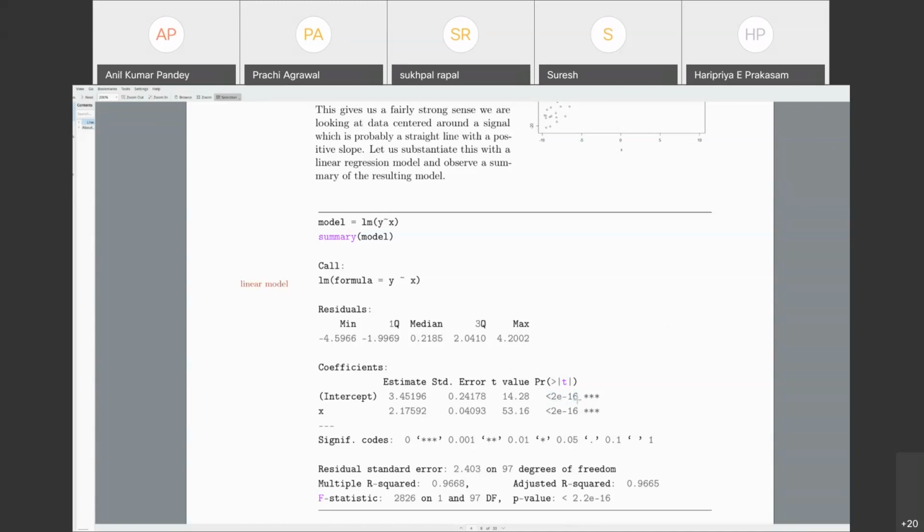Roughly speaking, it is the probability that your model is actually fooled by data, that the null hypothesis is true. What is the null hypothesis? There is no relationship between x and y. That's the null hypothesis. If the null hypothesis is true, then your p-value will be very high.